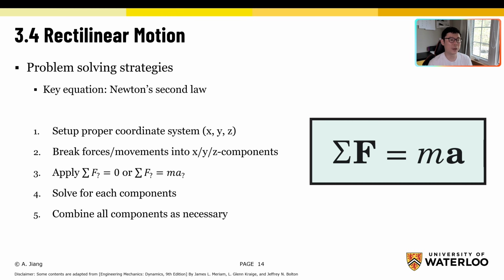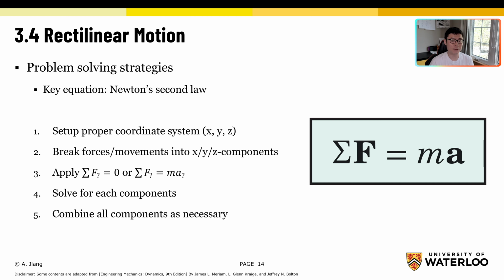Let's start by looking at rectilinear motion with F equals ma. The general steps listed here are intended to be exhaustive. We will start by setting up a proper coordinate system, x, y, z, and breaking forces or movements into proper components. Then we apply F equals ma, or F equals 0 if it's in steady motion or at rest.